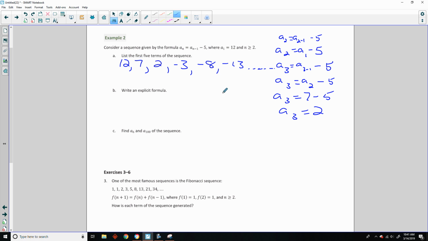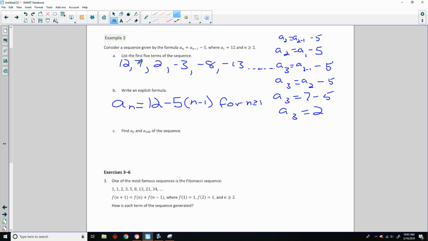Now it says to write an explicit formula. So we have a function, a sub n, equals our first term, 12, minus our common difference, 5, multiplied by n minus 1, for n greater than or equal to 1.